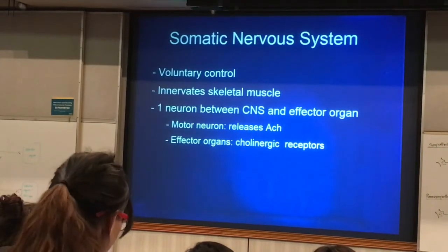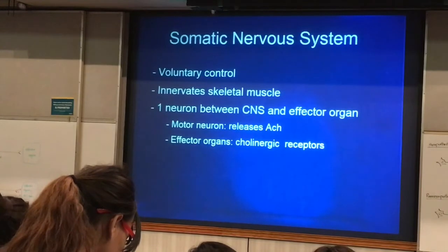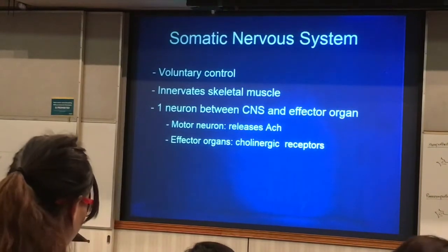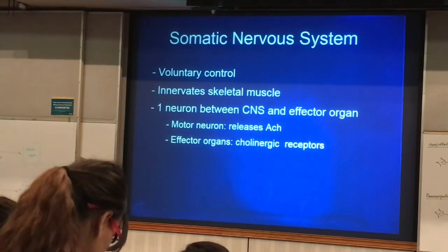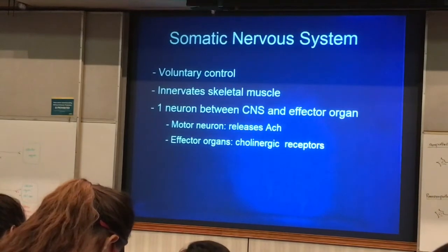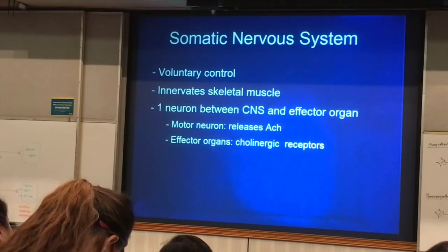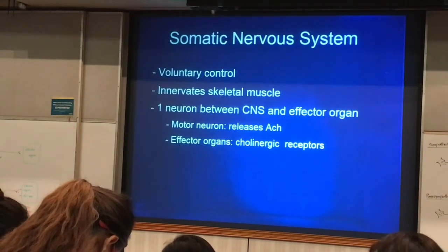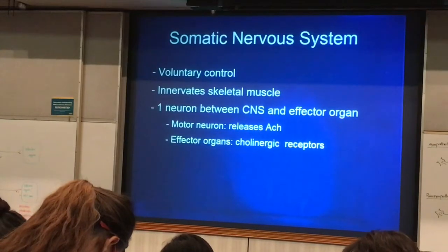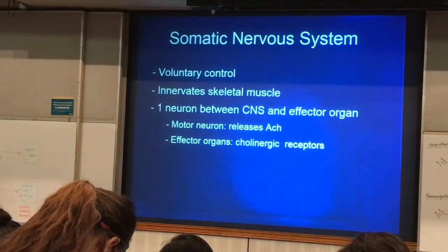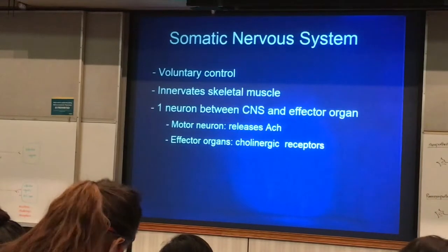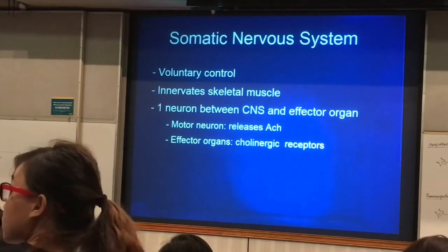Yes? Just want to double check. So you said cholinergic receptor. What do you think? I heard like every other word. One more time? Earlier you said, just to be clear, to write down nicotinic cholinergic receptors on the effector organ?